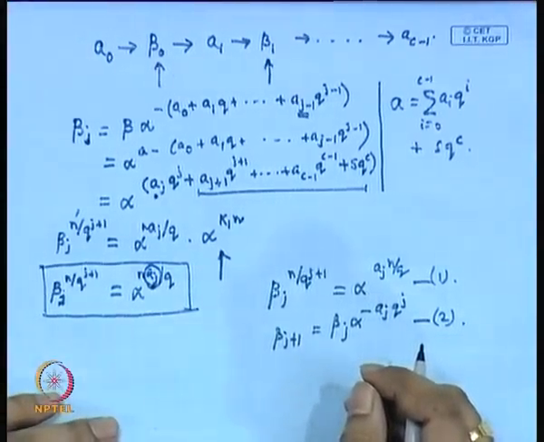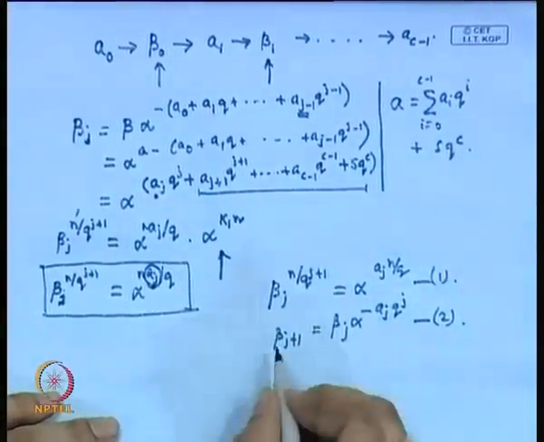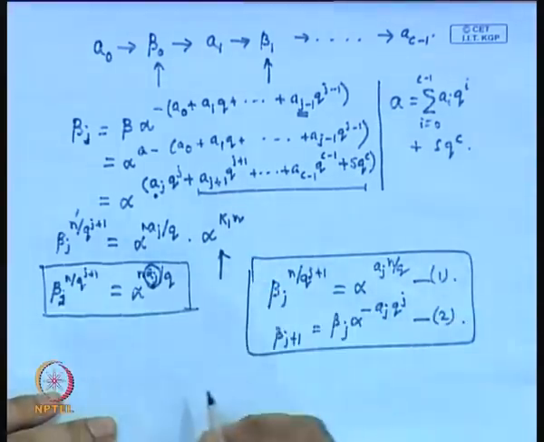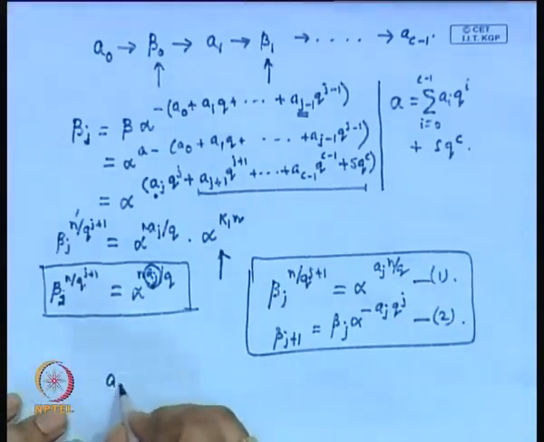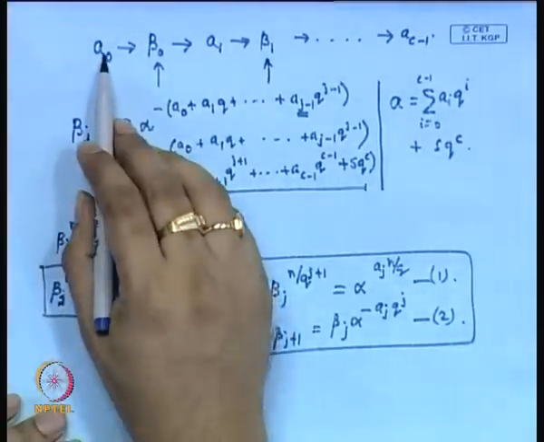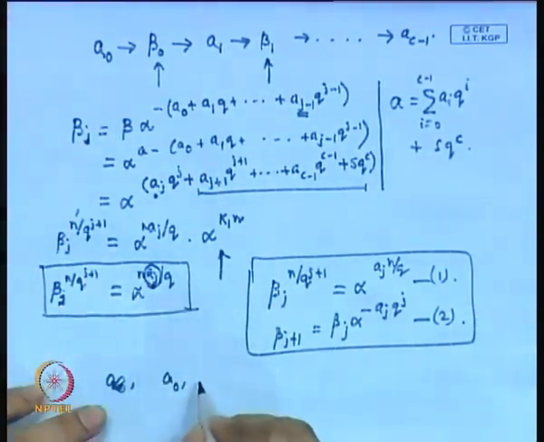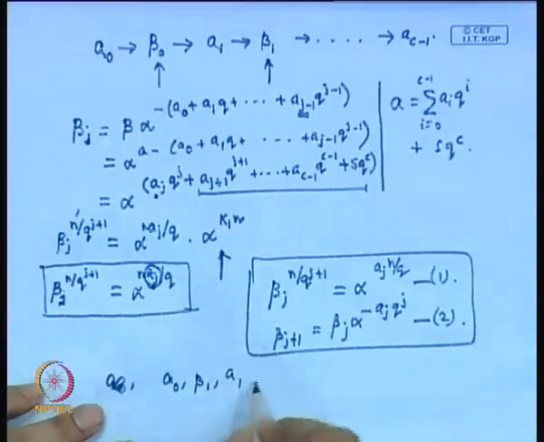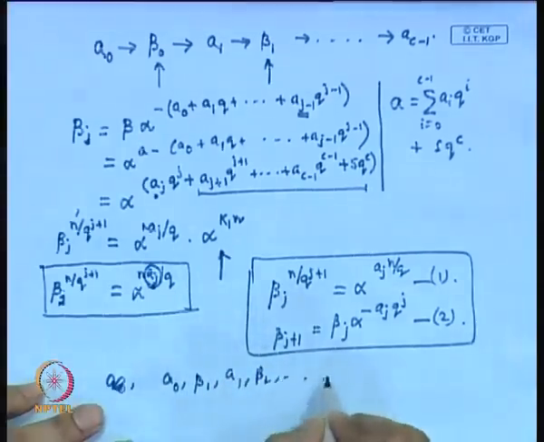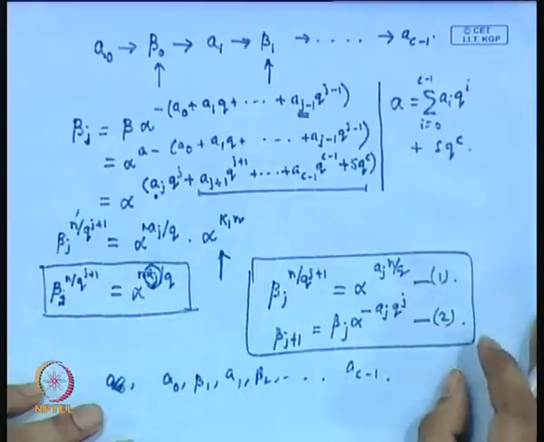So, the point is that you can engage these two equations and compute the value of a0, then compute the next value of beta, then compute the next value of a1, compute the next value of beta 2, and so on. You can apply them and obtain the value of ac minus 1, repeatedly applying equations 1 and 2.